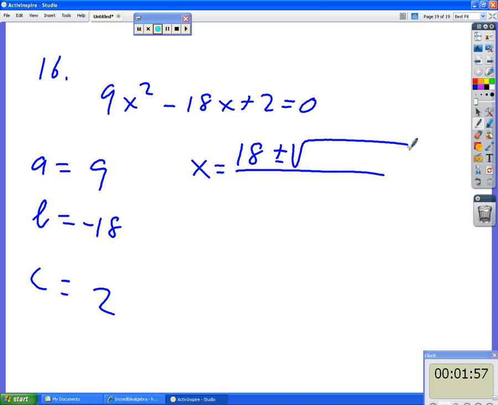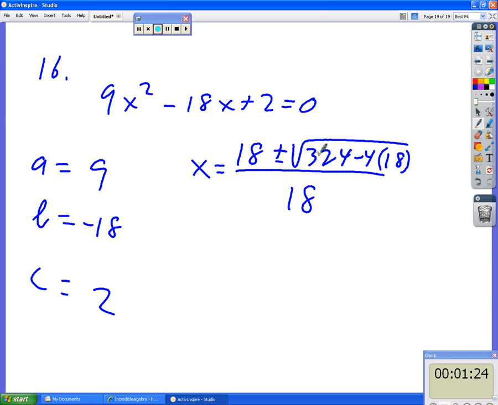Just a second, I'm checking, 324, I think. 18 squared is 324, minus 4 times ac. Well, a times c, that's 9 times 2 is 18. So it's 4 times 18, all over 2 times a. A is 9, so 2 times 9 is 18.